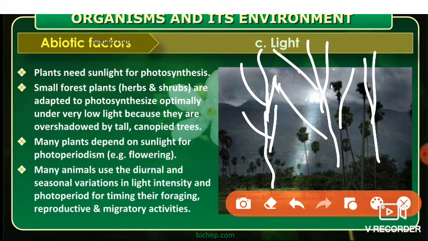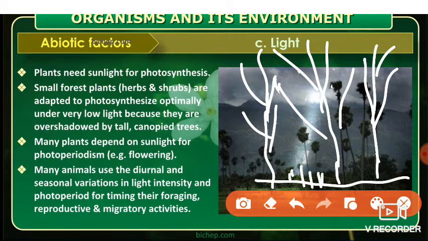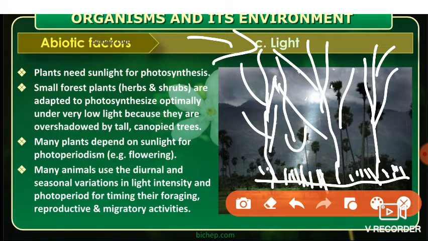So what will happen at ground level? There is a presence of small herbs and shrubs. Small herbs and shrubs will not get proper light, because these are tall trees and they hold the sunlight, so they will not pass the light to the ground level.